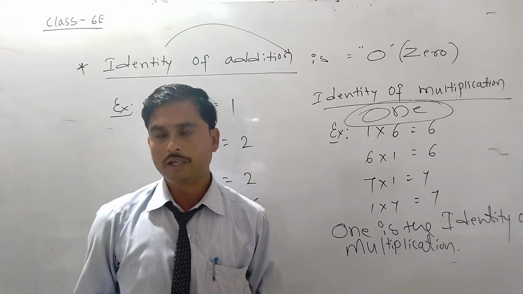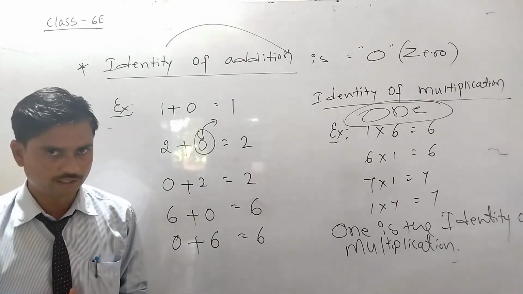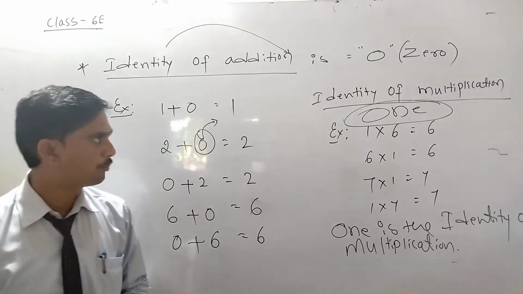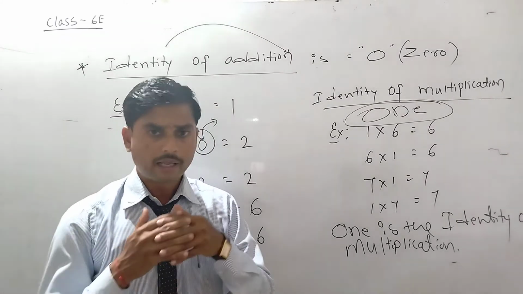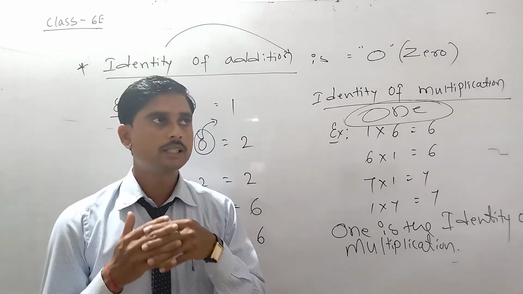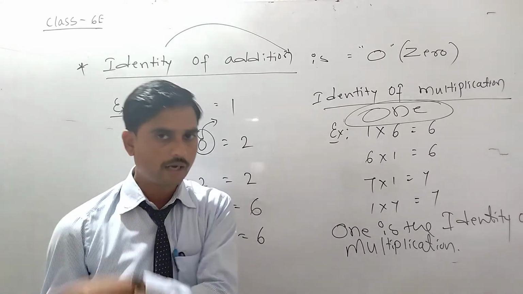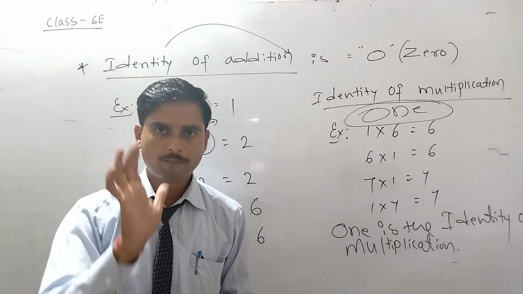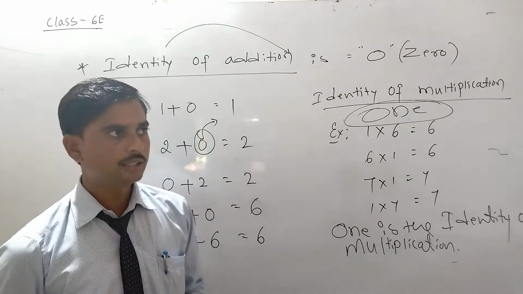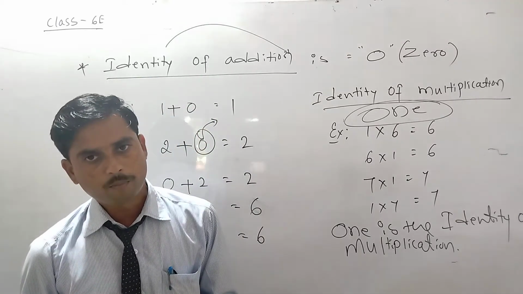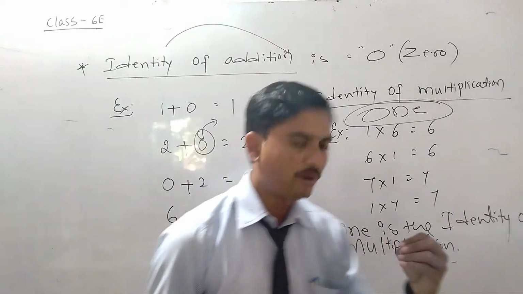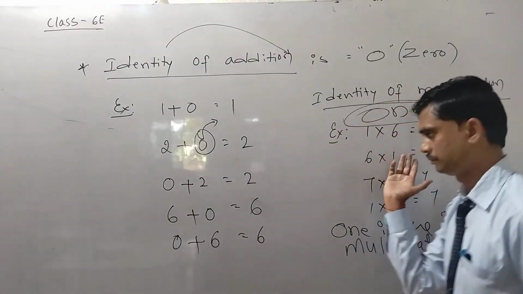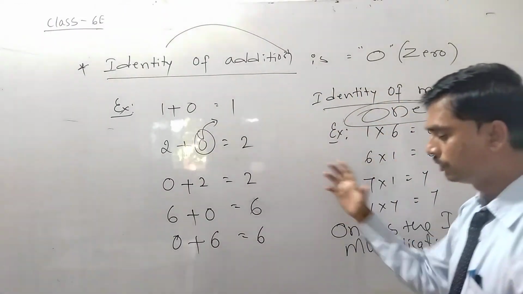It is very important. It is a 1 mark question definitely. In your objective type questions they are asking which is the identity of addition, you should write there 0. 0 is the identity of addition, and another one is there: which is the identity of multiplication? Identity of multiplication is 1. Remember that. Okay. Write down all this.